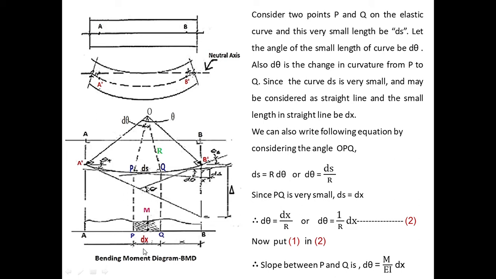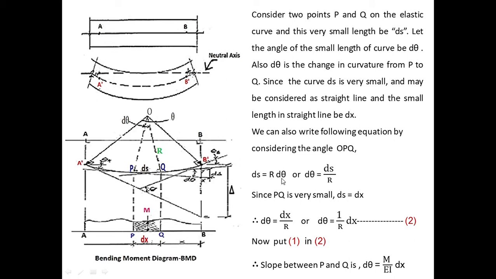Now what is ds? This is the radius R, and the angle between these 2 points is d theta. So ds can be written as R d theta. Ds is equal to the radius into the angle between the points, that is R d theta.